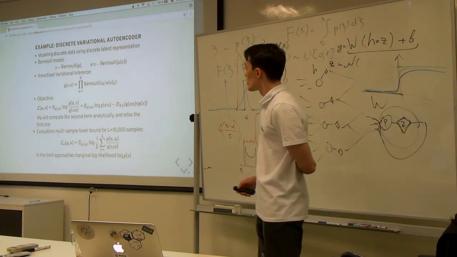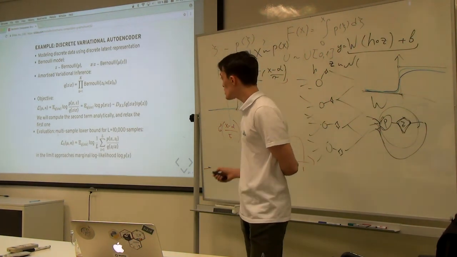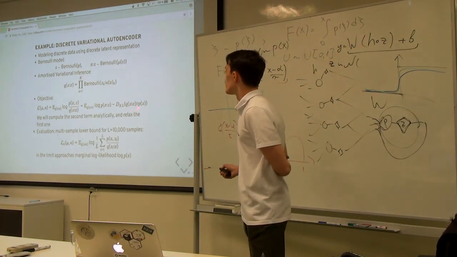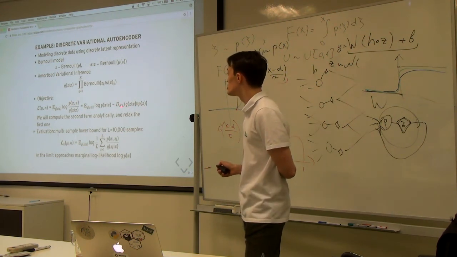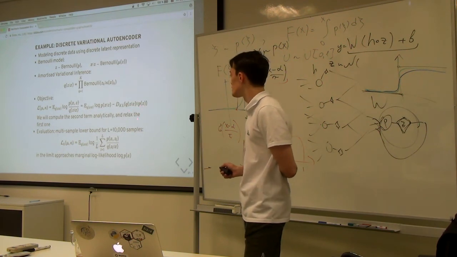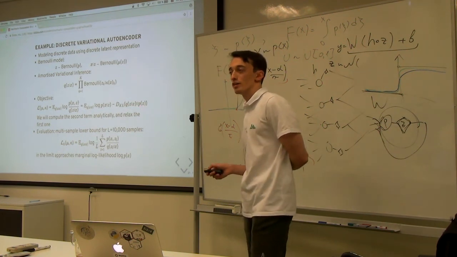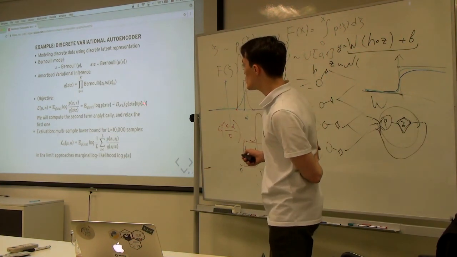I don't know why. Wait, which one works better? If you don't compute the KL divergence, you can't just compute KL between the discrete prior and the continuous relaxation. Right. So that's either prior as well.